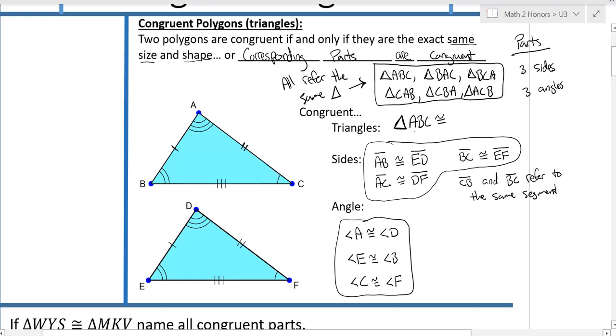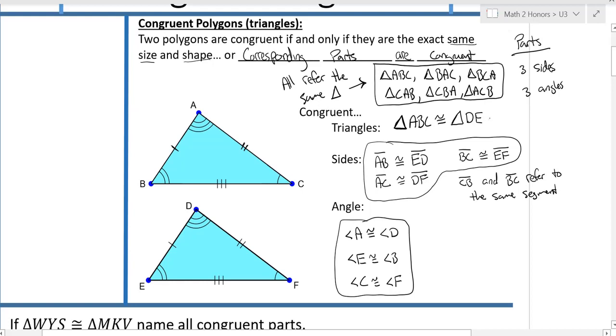But once you pick one of those 6, it's going to matter how you relate it to the next triangle. So if I choose ABC, then the order really does matter for this next one. A corresponds to D, so D has to be my first letter. B is the second letter in ABC, so B is corresponding to E, so I have to use E second.